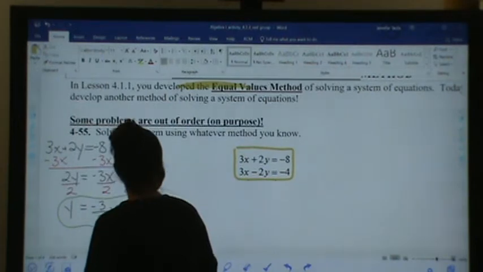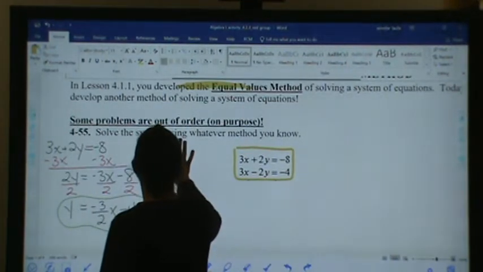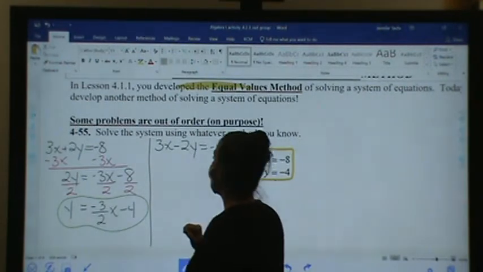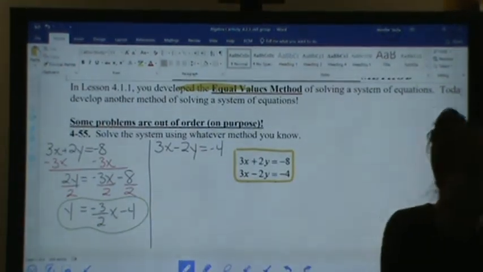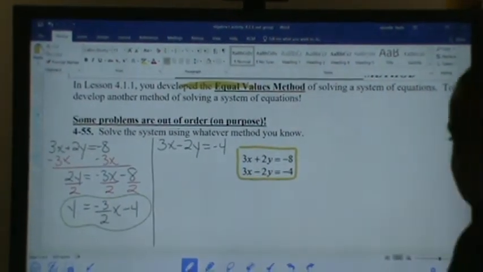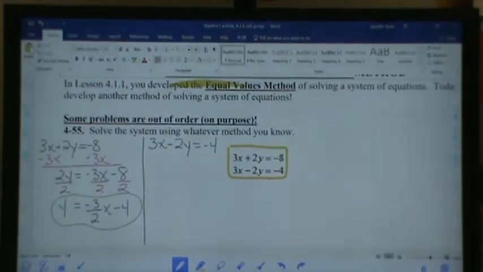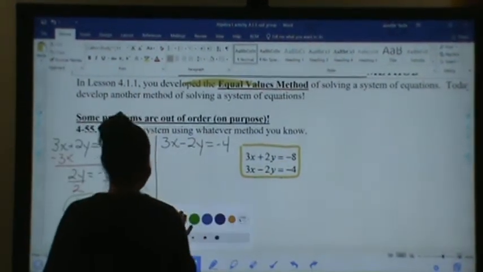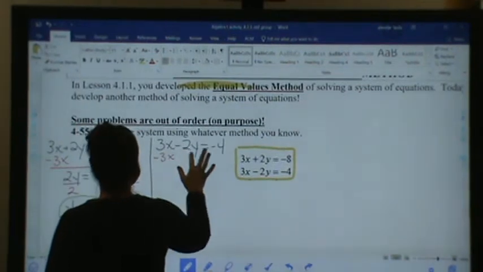Now, remember, draw yourself a line there, and I want you guys to do the exact same thing with that second equation. See if you can turn it into y equals mx plus b, okay? Try that second one. You're just going to start off the same way.